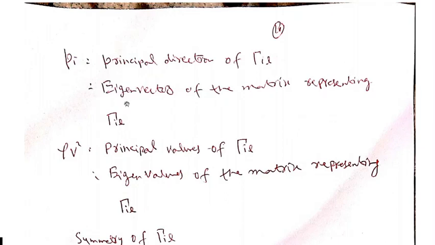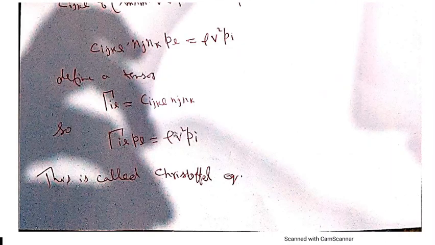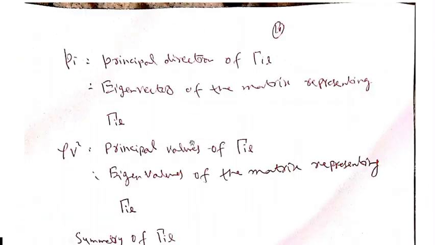Now what is the corresponding eigenvalue? This rho v square, in Ax equals lambda x. These are the principal values of gamma_il, which are basically the eigenvalues of the matrix representing this.